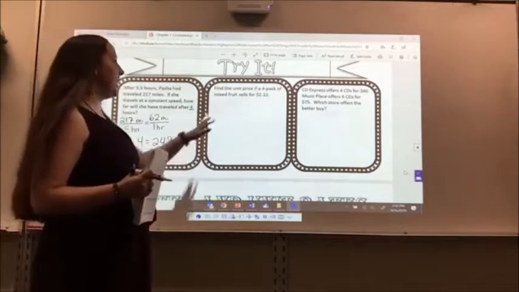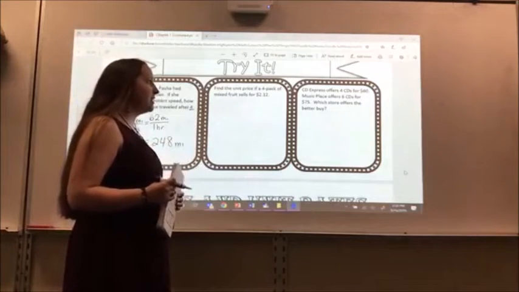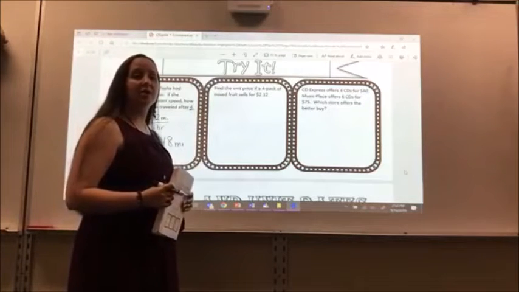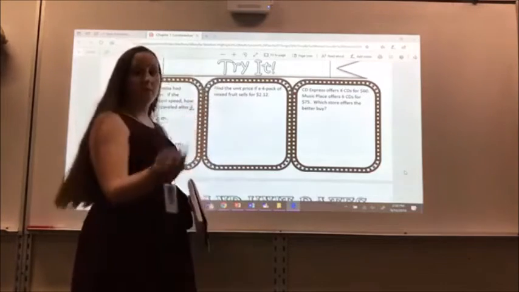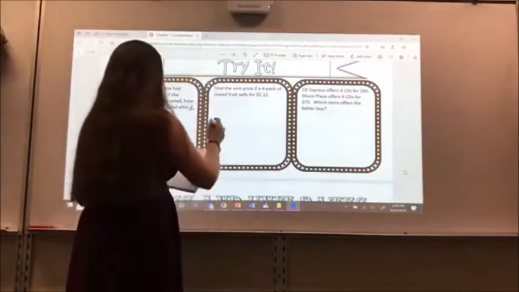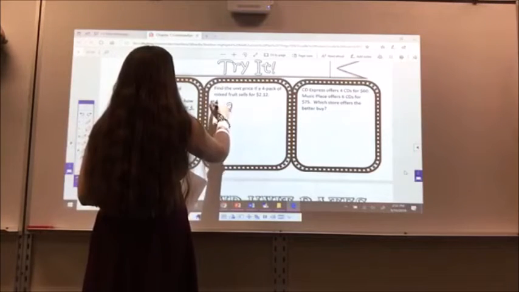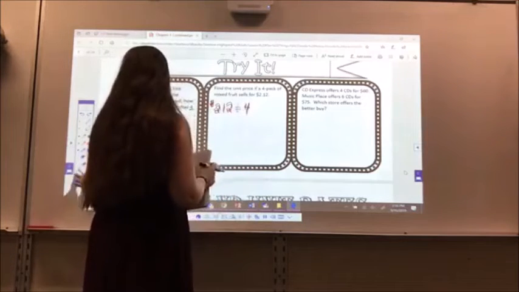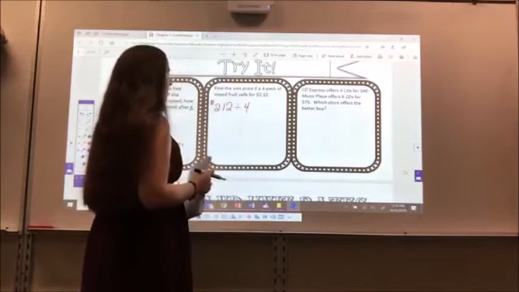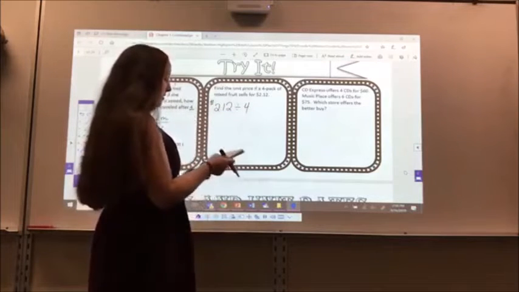The next problem is this middle one. Find the unit price if a 4-pack of mixed fruit sells for $2.12. We're going to do the same type of thing we did with the dog food. We're going to take $2.12 and divide it by 4, since that's how many packs there are in the mixed fruit.